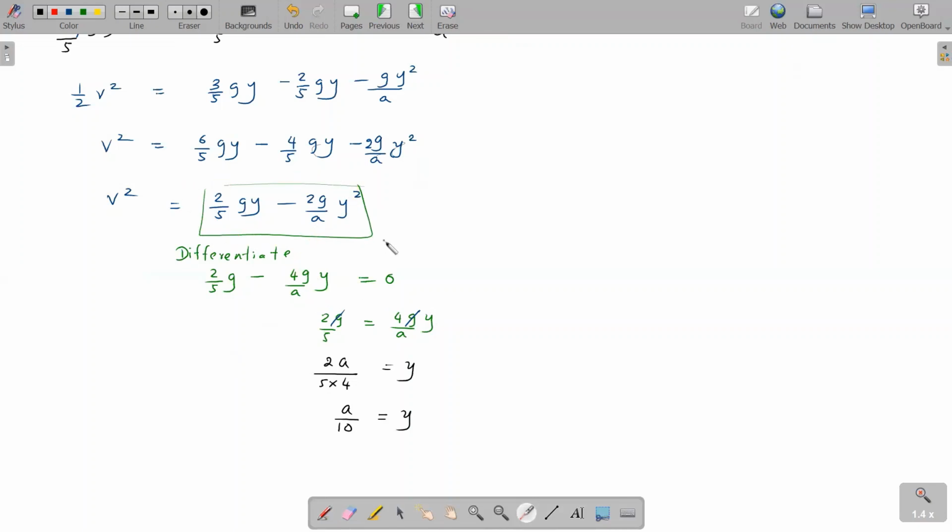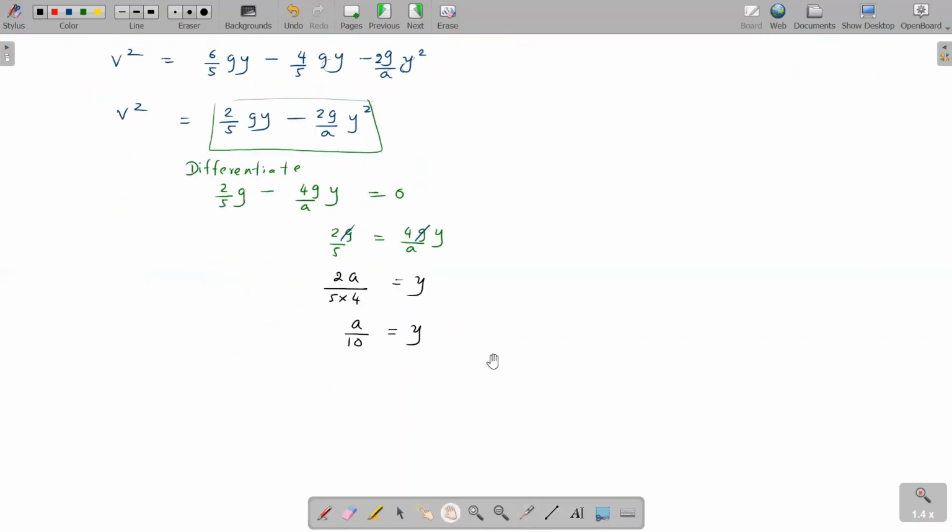So input that y value into the v square equation, and I get v square equals 2 over 5 g y. Instead of y, I use a over 10, minus 2g over a into y square, which when you square it is a square over 100.